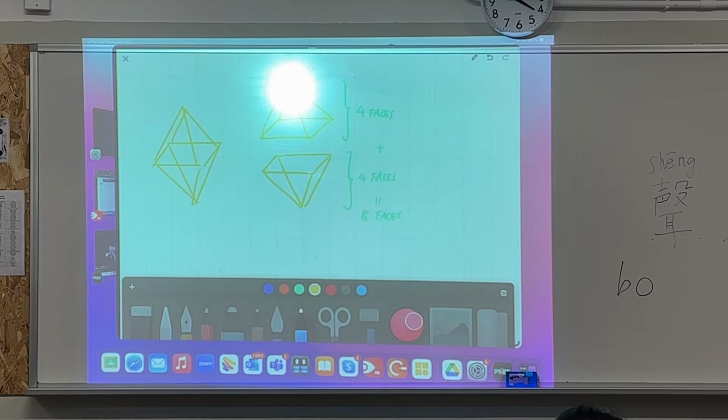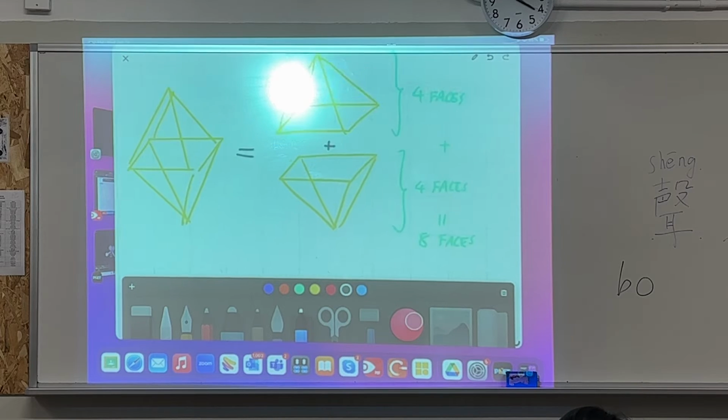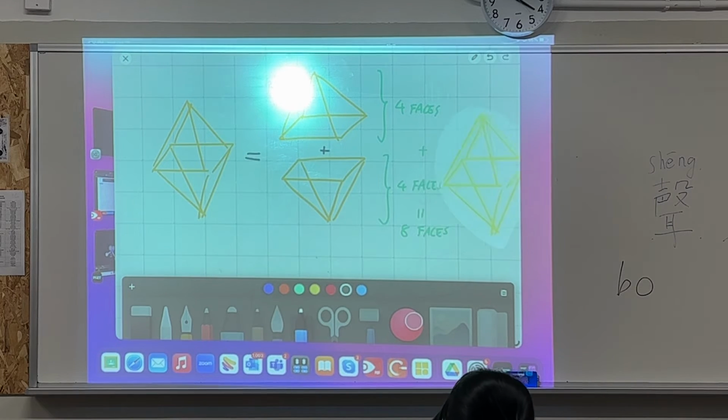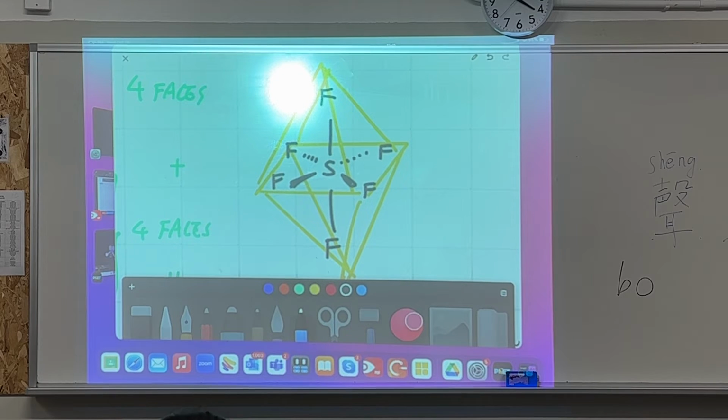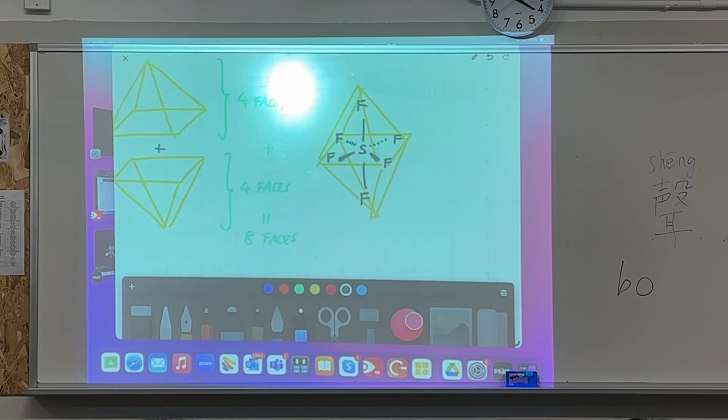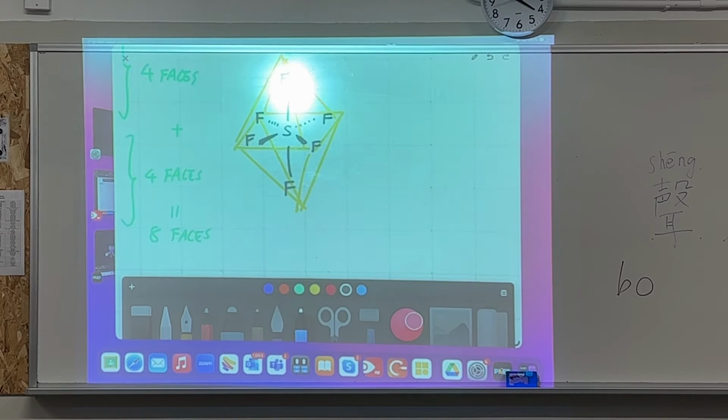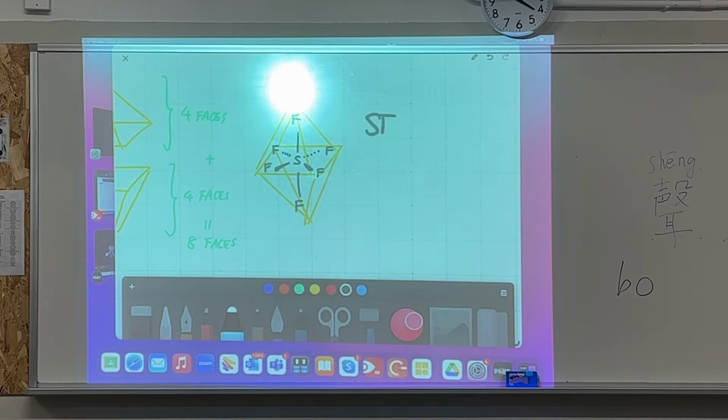What are some examples of molecules that have this shape? We have, for example, SF6. So can you draw SF6 in here? S, and then you have F in here, and then you have another 2 F's here, right? So this is SF6. Okay, what is the shape of this molecule? Octahedral, right? So we say SF6 is octahedral in shape.